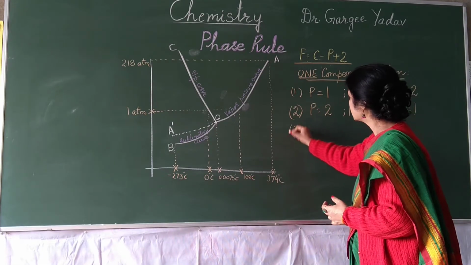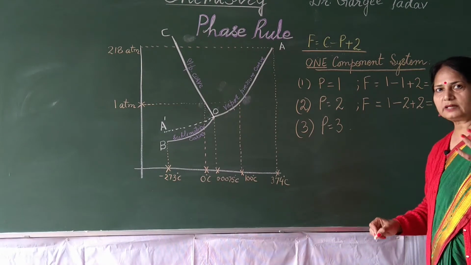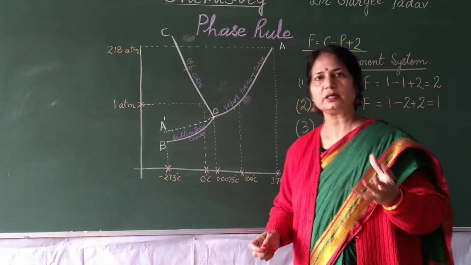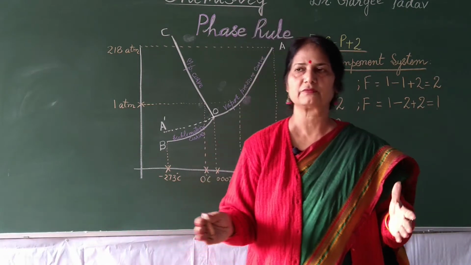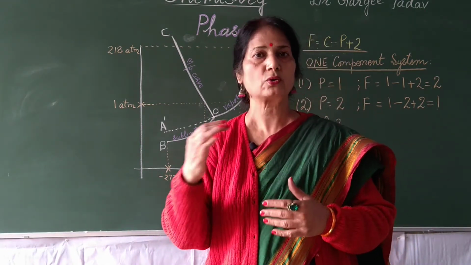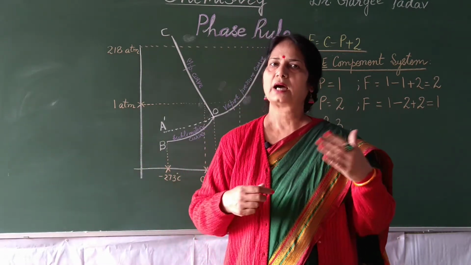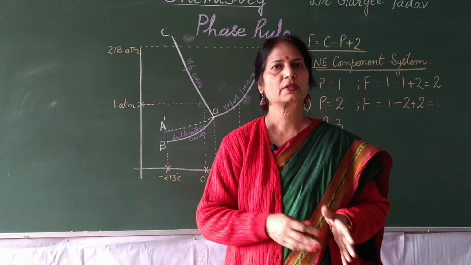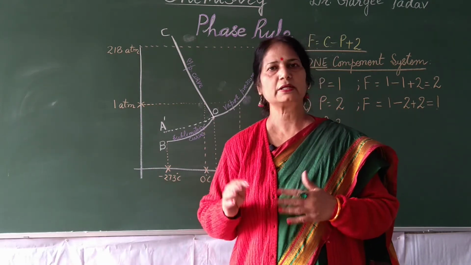Now the third case is when P is equal to 3. This means three phases coexist in equilibrium in a phase equilibrium system which we are studying. For example, if we are taking the water system, then the three phases which can coexist in equilibrium at a certain point can be the ice, means the solid phase, water means the liquid phase, and water vapor means the gaseous phase.